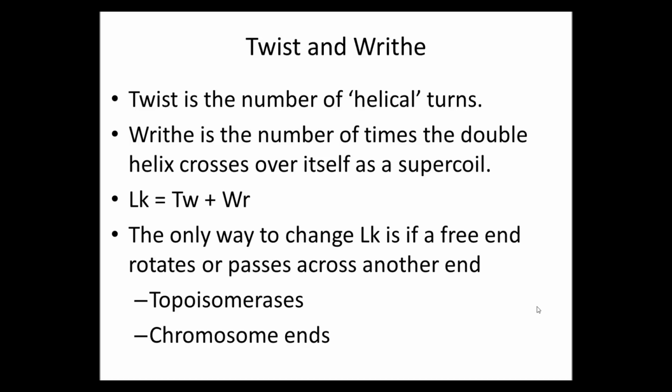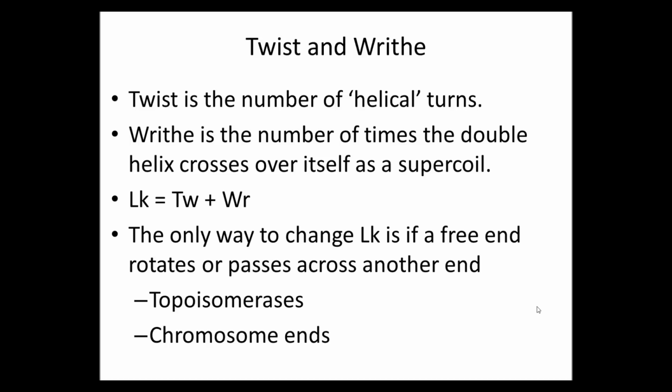That's how supercoiling restores DNA to its relaxed state: in the relaxed state, the twist equals the linking number. If you increase the linking number beyond that, the DNA will tend to change the writhe. The double helix will wrap around on itself.